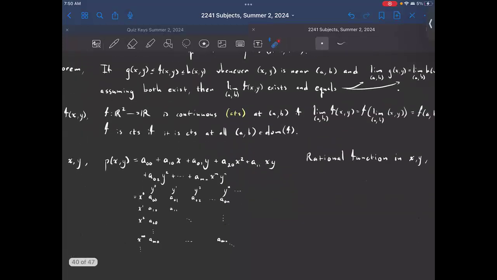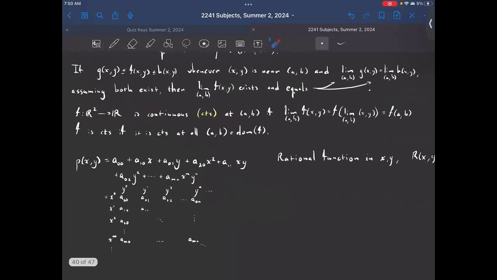So let's read this through. F from R2 into R is continuous, that's my abbreviation, CTS, at ab, if the limit as xy approaches ab of f of xy is equal to f of the limit of xy as xy approaches ab. Well, that's pretty easy to compute. It's just ab.